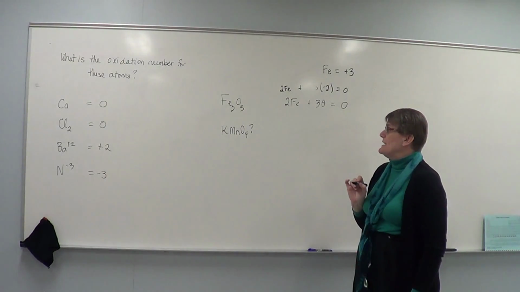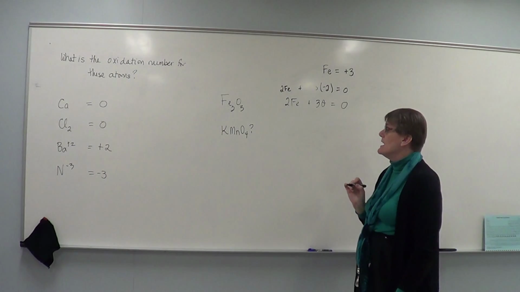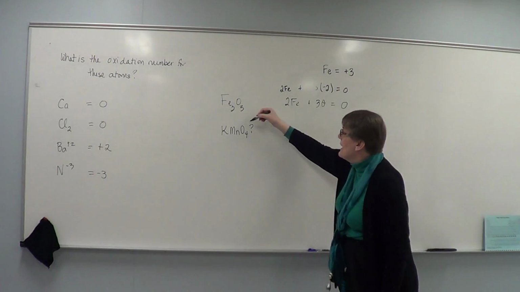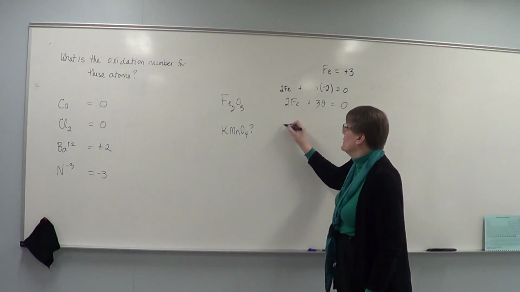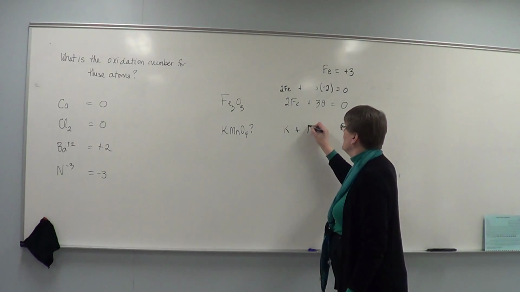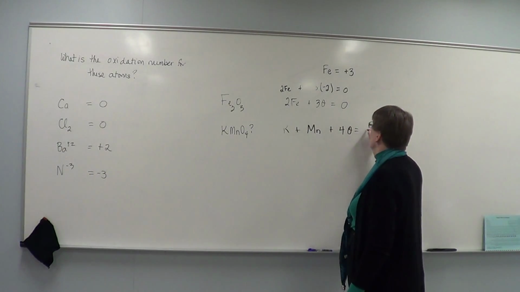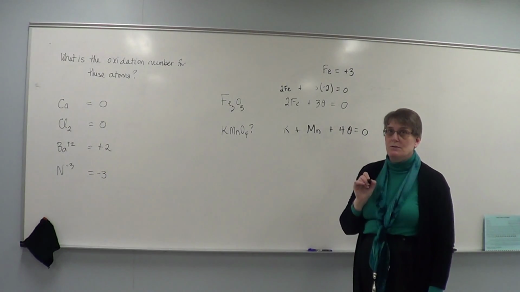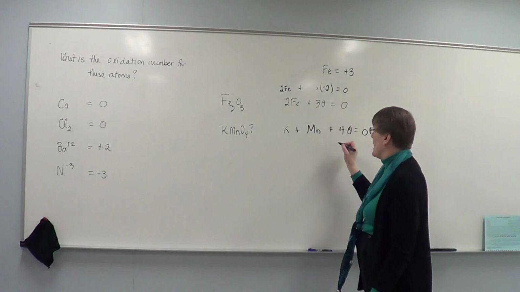If we move down to an even more complicated molecule, like potassium permanganate, the same rules apply. I have an overall charge on my molecule of 0. That means potassium plus manganese plus 4 times oxygen has to sum up to 0. It's not fluoride, it's not hydrogen, but I've got oxygen again.